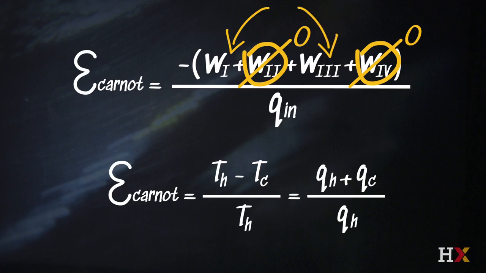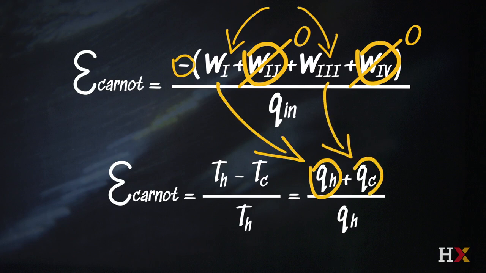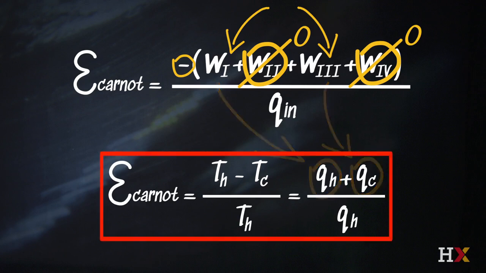And in the case of an isothermal expansion or contraction, the work is exactly equal to the heat except opposite in sign. So that simply clears up the negative sign, and we can substitute in the heat coming in leg 1 and the heat in leg 3, and that gives us this extremely simple relationship between the Carnot efficiency, the temperatures, and the heat exchange in that cycle.